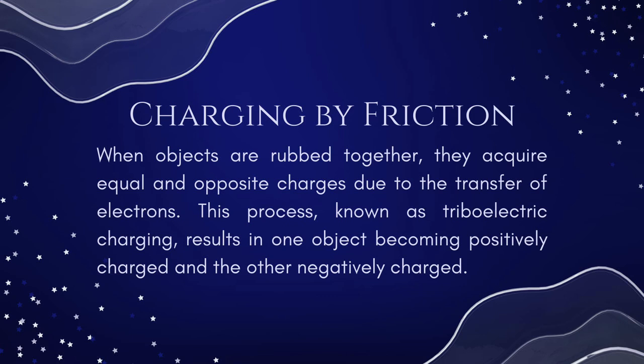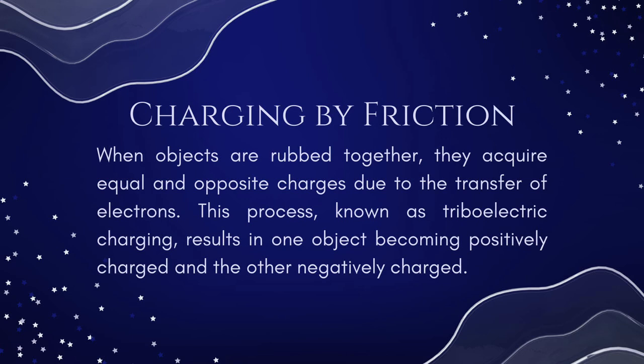When objects are rubbed together, they acquire equal and opposite charges due to the transfer of electrons. This process is known as triboelectric charging, which results in one object becoming positively charged and the other negatively charged.